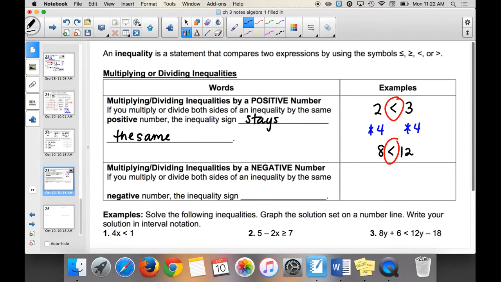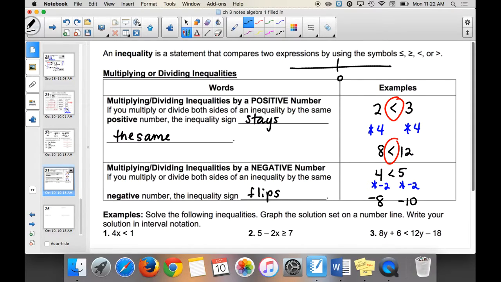Okay, but if you multiply or divide by a negative number, then your inequality sign switches or flips. Let's use the word flips. I think you guys know what that means. All right, so it's going to flip around. So let's do another one. So let's say 4 is less than 5. What if we multiply through by a -2? Then we get -8 and we get -10. So let's think about it.